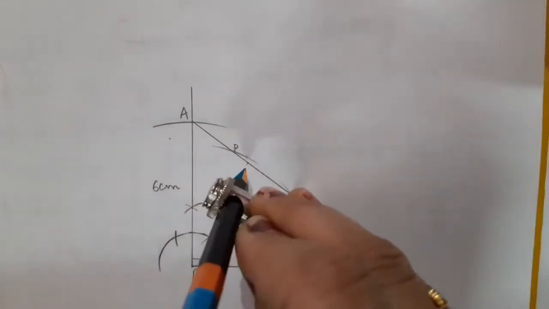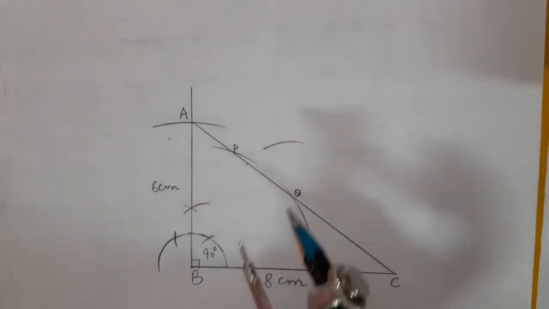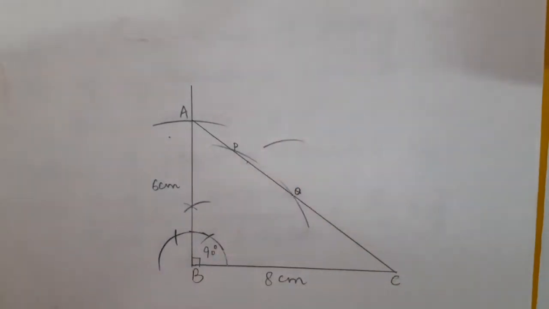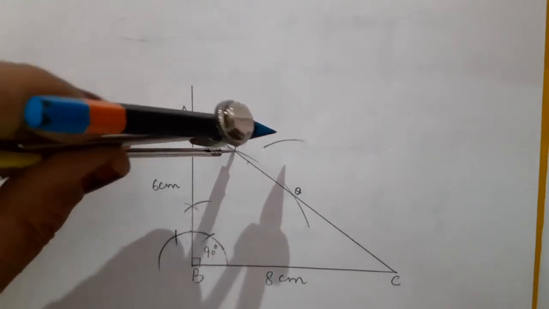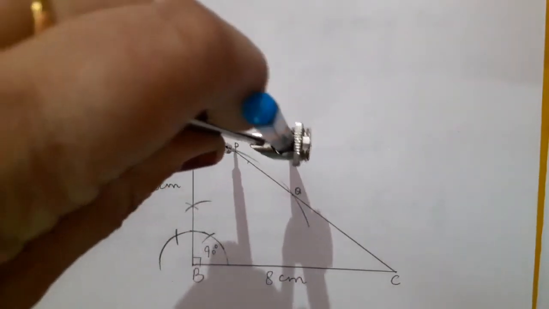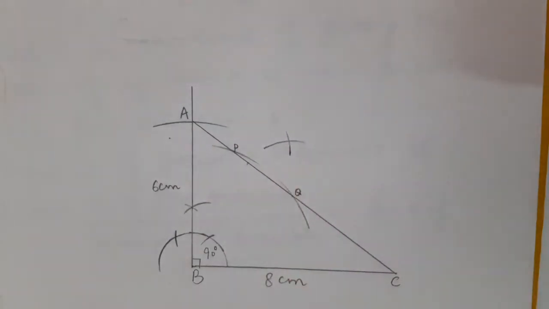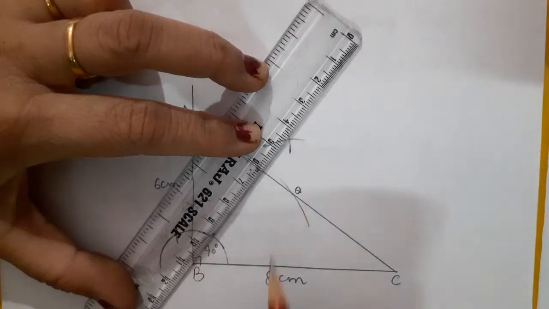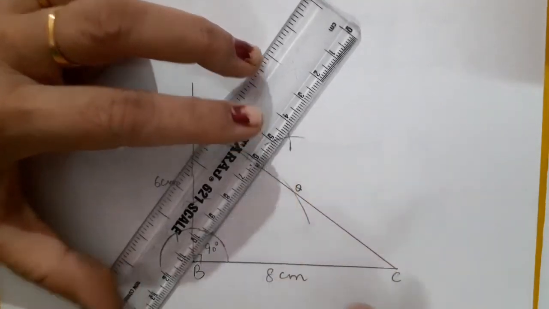So this I have taken more than half. Draw one arc from point Q and another arc from point P, which would cut this previous arc. Now join this point with point B.